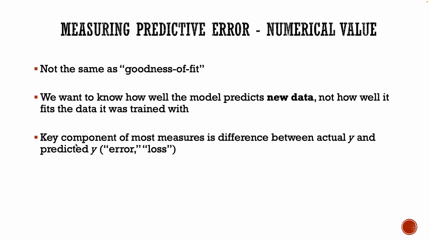And the way we normally measure error is the actual y versus the predicted y. So if we have to predict something in the future for a certain y, and the actual y is later observed, we take the difference between the two, and that would be the error that we have, right?